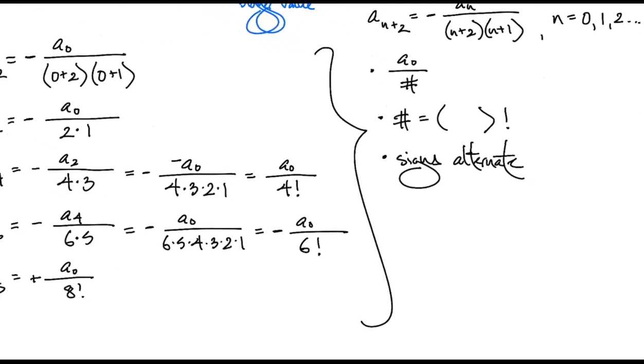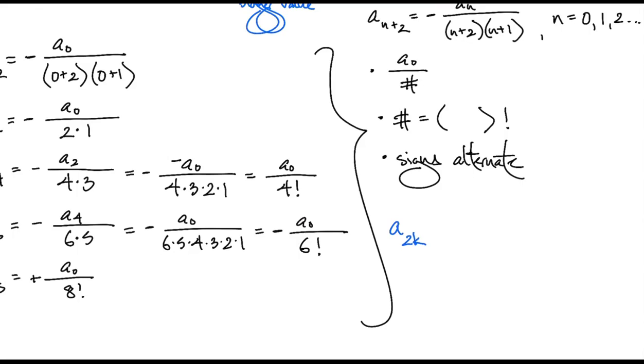So let's write this in blue. For any term that has an even subscript, 2k is a very common way of saying even, because you can take any number you want, and if you double it, you're going to get an even number.